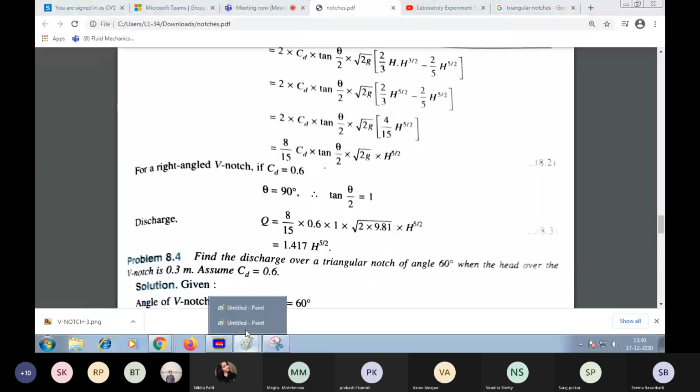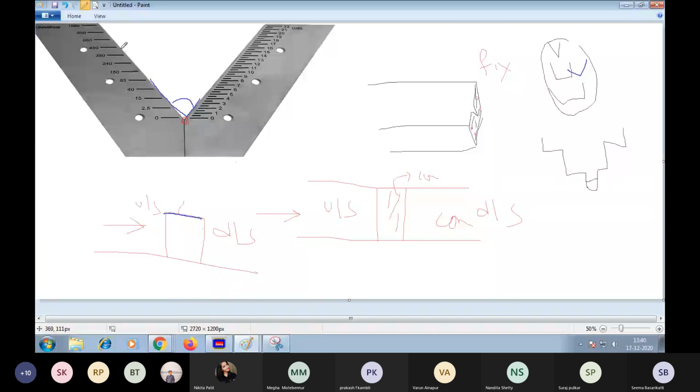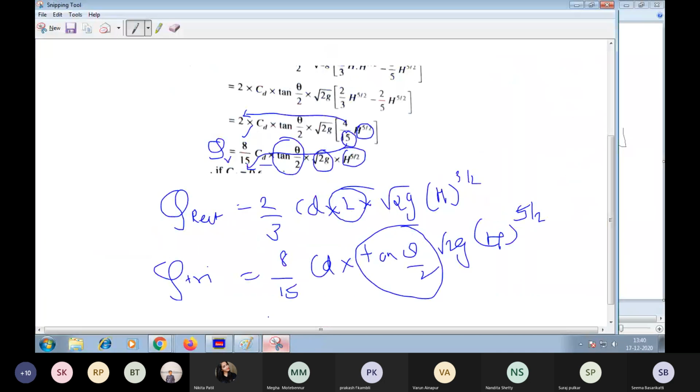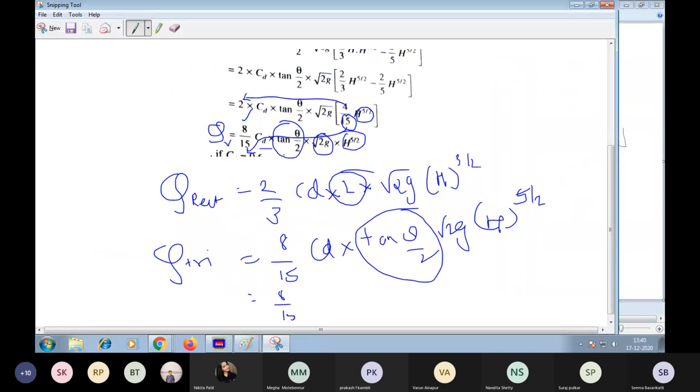If you consider theta as 90 degree and the CD value as 0.6, and you substitute the values here, that is 8 divided by 15 into CD, which I have taken as 0.60, into what was the angle theta?